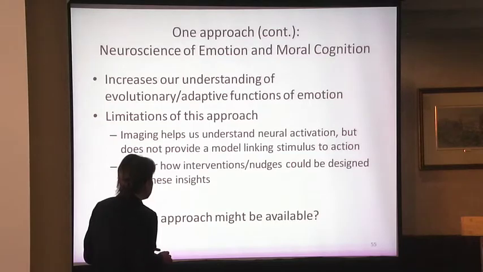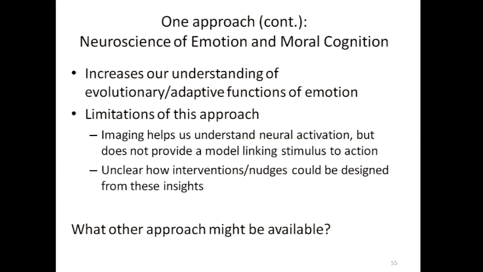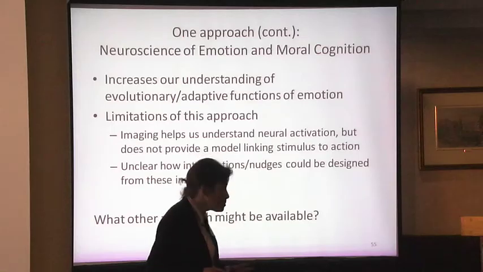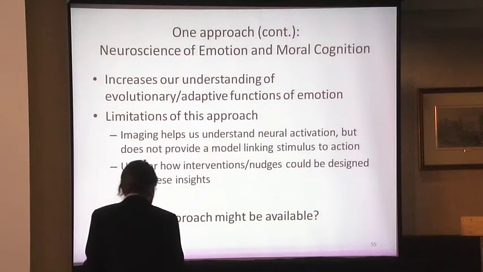It doesn't actually provide a model linking the stimulus to the action. It mostly tells us anatomical kinds of information. And it's also a bit unclear how we could design interventions based on mapping these. So valuable, but also some limits.